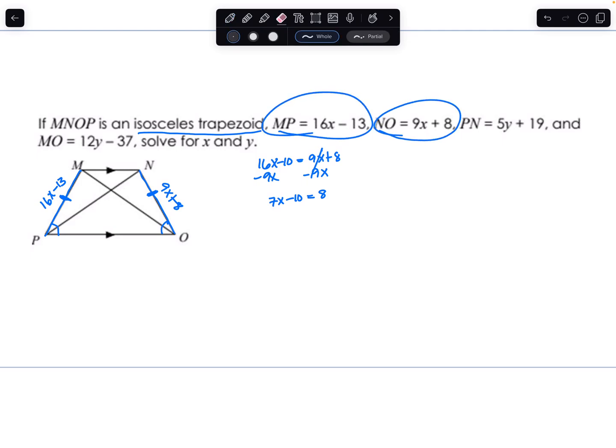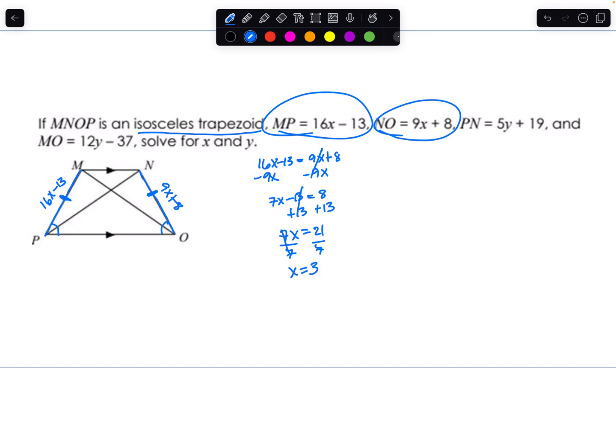Therefore, when I copy this over, it changes the value a little bit. So when I move the 13 over, I get 7x equals 21. And then when I divide both by 7, x equals 3.